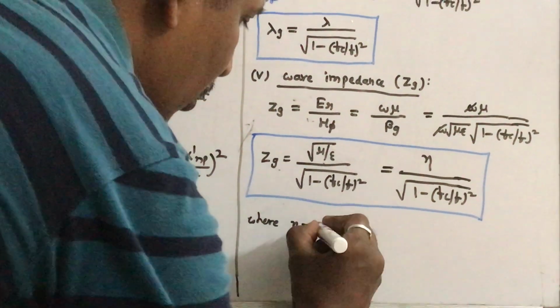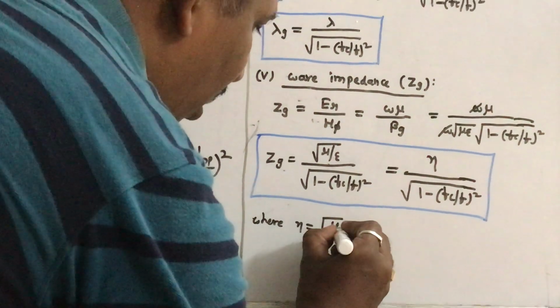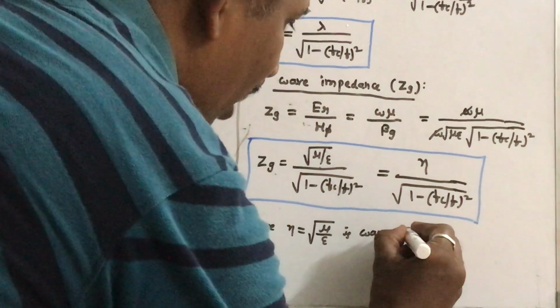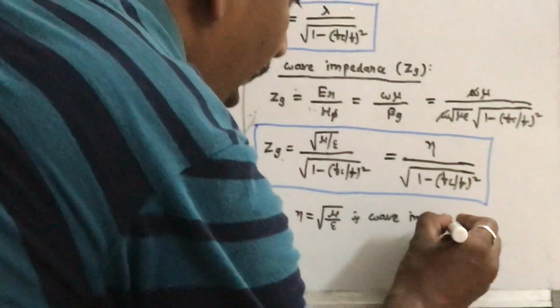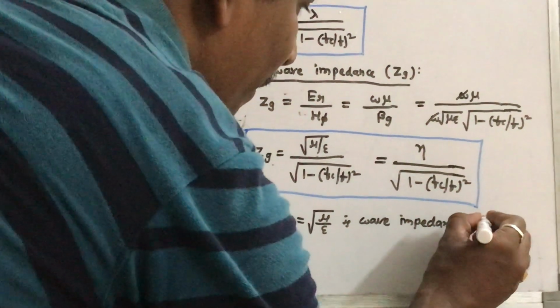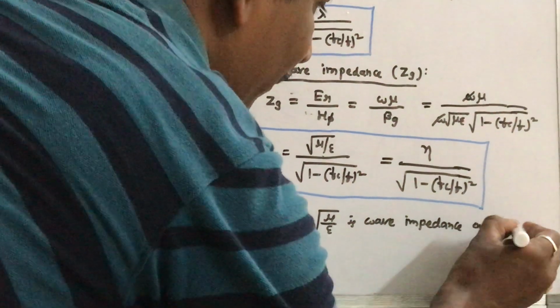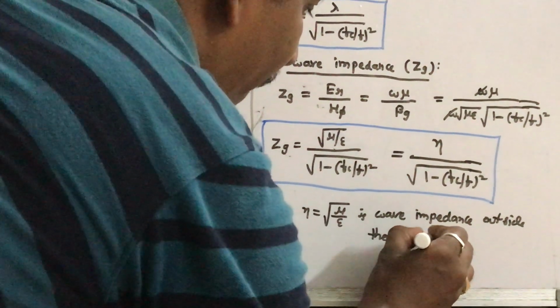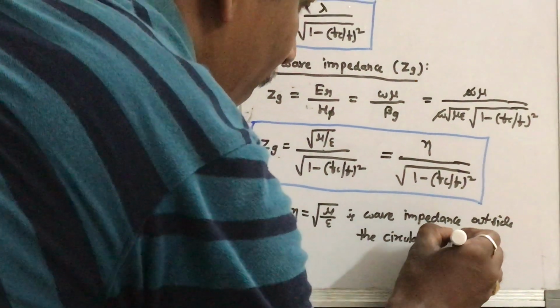Eta is equal to square root of mu by epsilon, the wave impedance outside the circular waveguide.